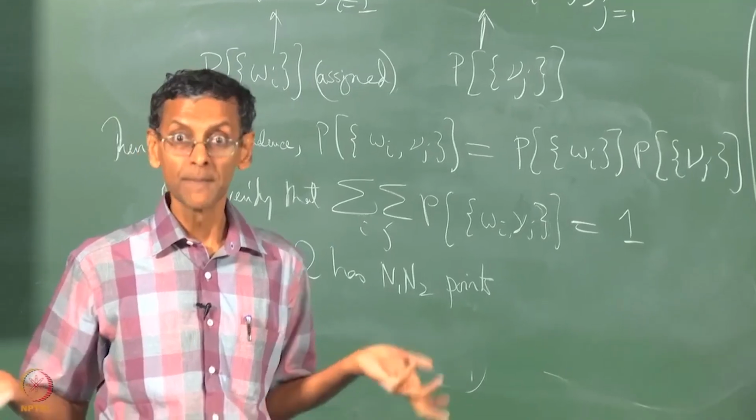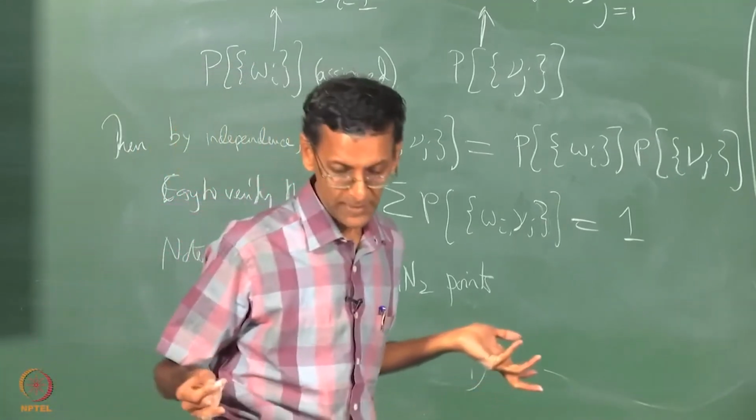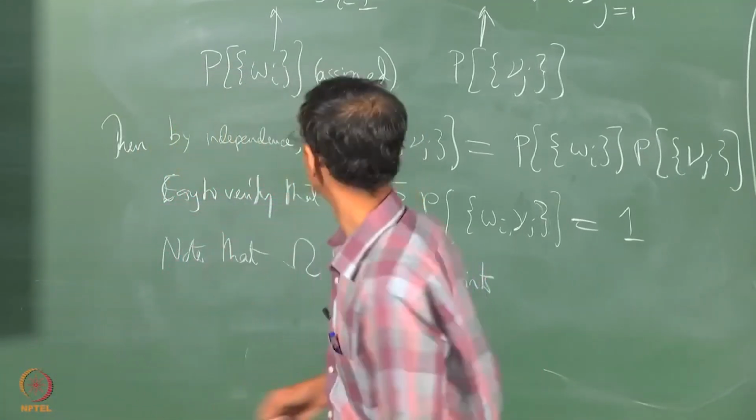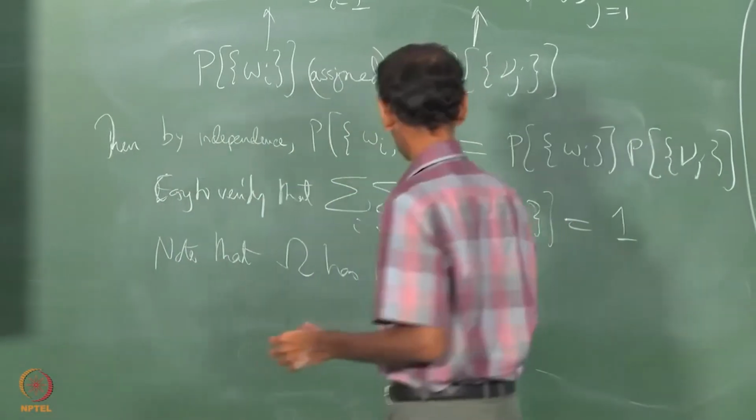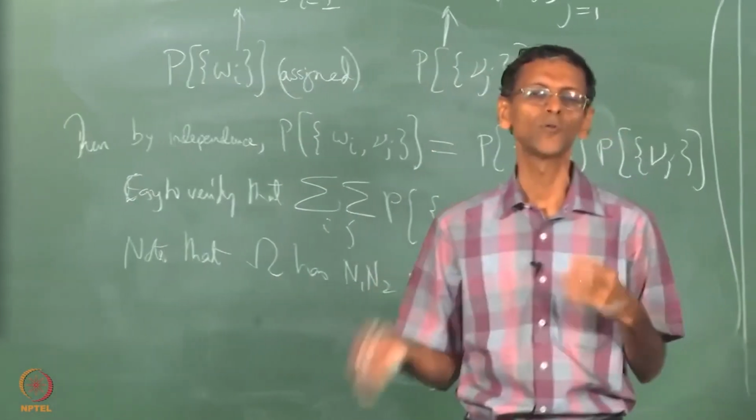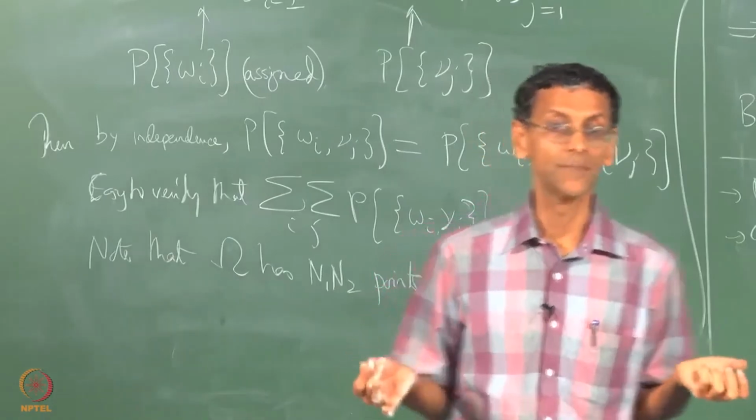Note that it is bigger. So especially in the discrete case, you can clearly see you have more ways of combining the events.